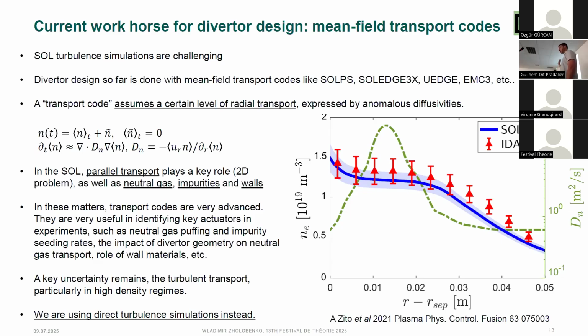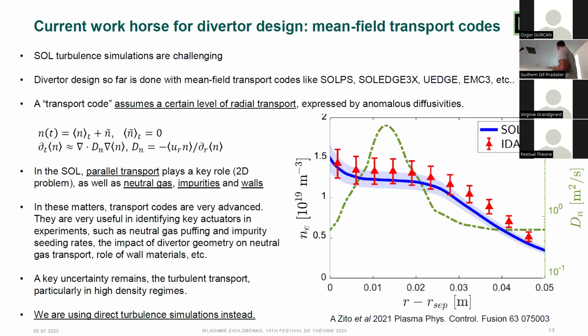And then you can forget about the physical mechanisms behind the diffusivities. You can just take them as constants. So the transport is prescribed in these codes. However, they have very elaborate models for the parallel transport in the scrape-off layer and for all these reactions, including molecules, surface chemistry, etc. So they are very useful.